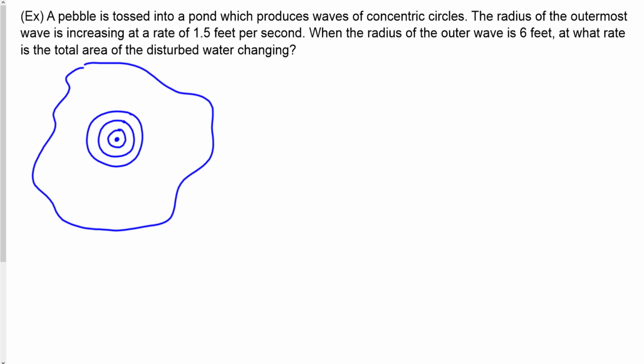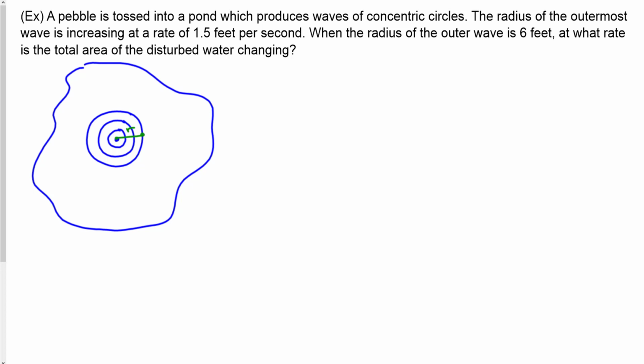Now, we're told that the radius of the outermost wave is increasing at a rate of 1.5 feet per second. So let's say that from here to here is a distance r. So the rate of time that that radius changes, that's a derivative.